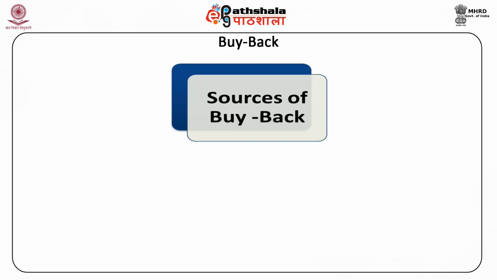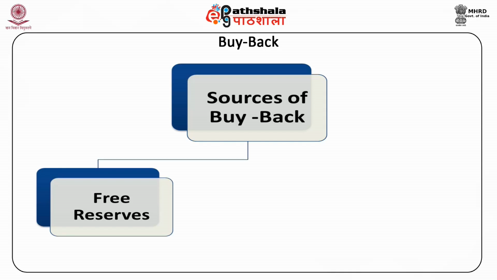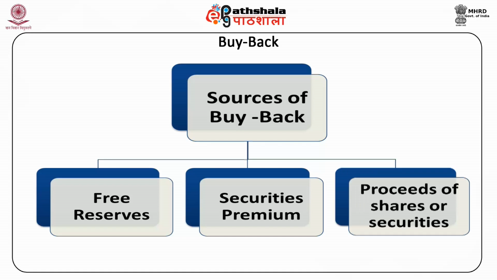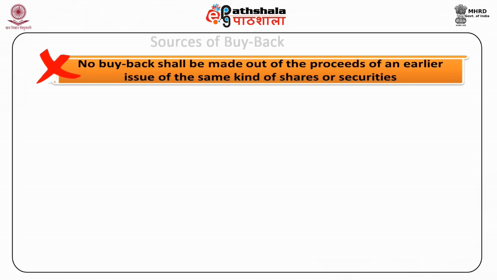A company may purchase its own shares or other specified securities out of, first, its free reserves, or second, the securities premium account, or third, the proceeds of any shares or other specified securities, provided that no buyback of any kind of shares or other specified securities shall be made out of the proceeds of an earlier issue of the same kind of shares or same kind of other specified securities.